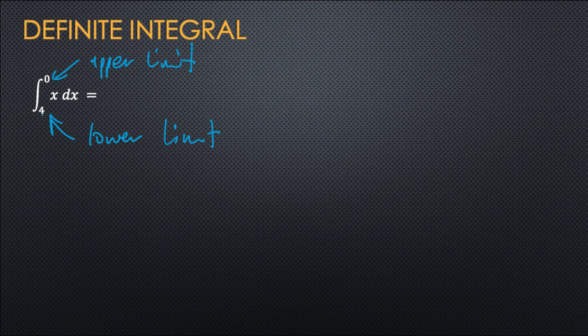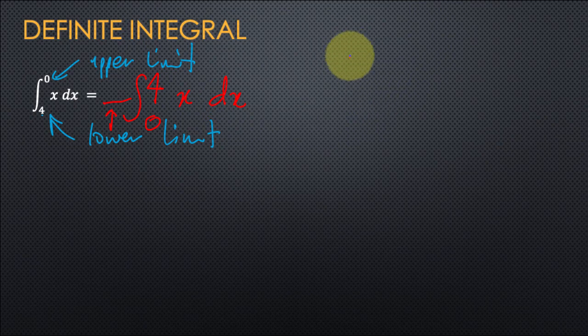What you need to do is, first, to change the position of 4 and 0. 0 should be the lower limit and 4 should be the upper limit. Since you change the position, you need to add a negative sign. Because you change the position, you add negative. The rest is the same.